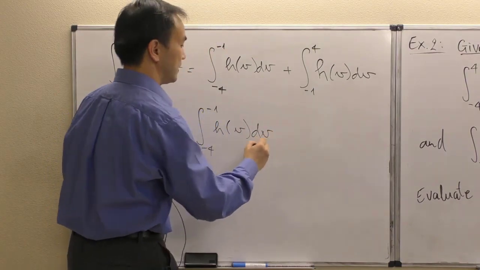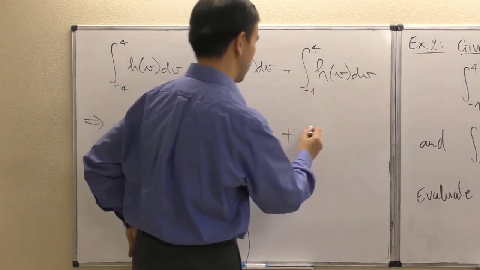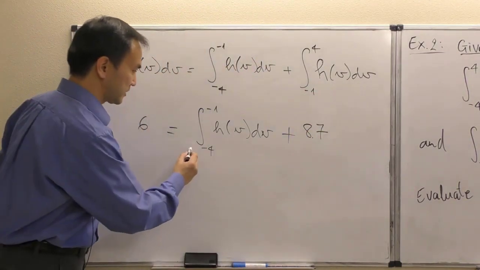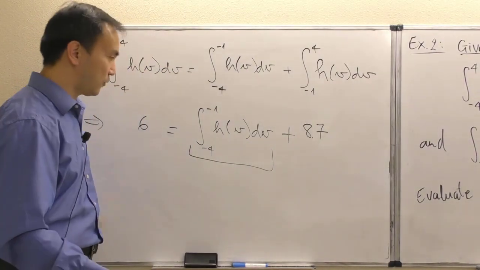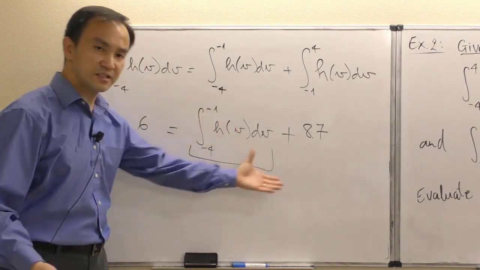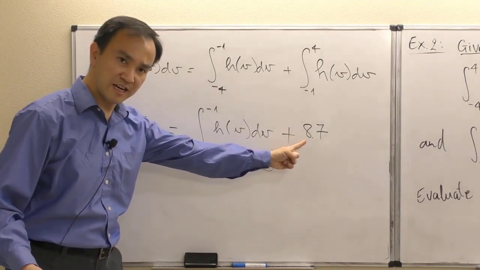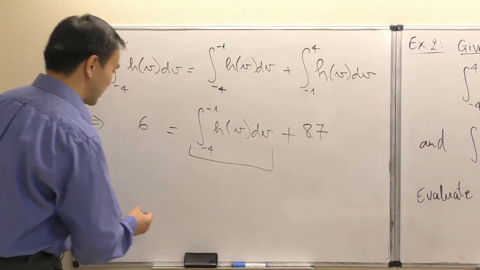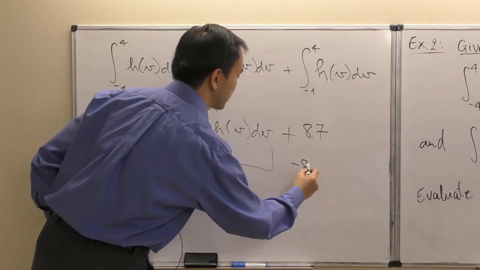The next one was among the given ones, so it's plus 8.7. Now, seeing this as an unknown that we are solving for, what we have here is simply a simple equation where we subtract 8.7 from both sides, and that's going to give us our final result.